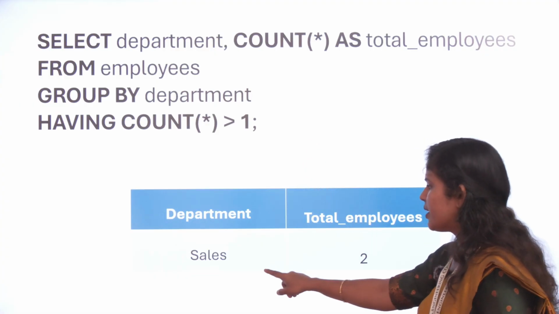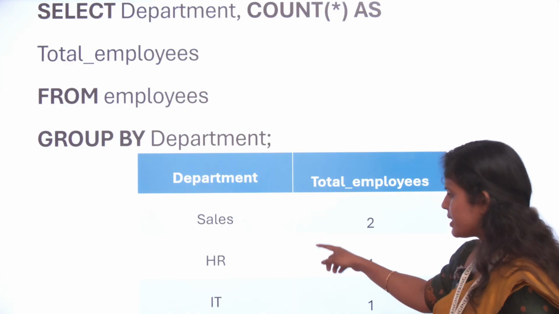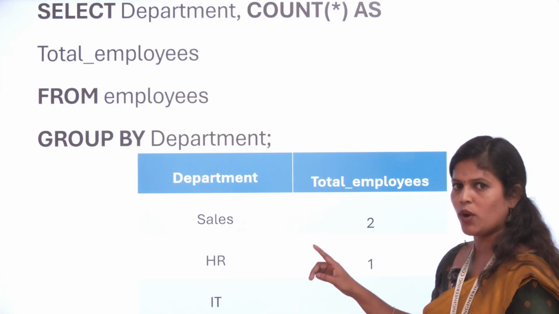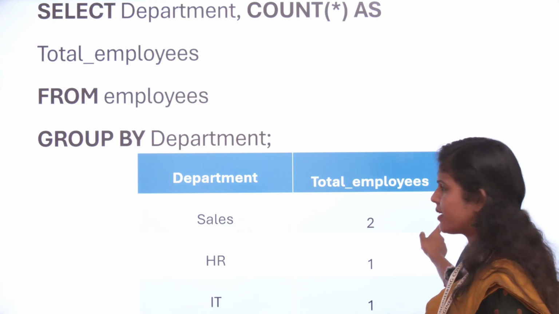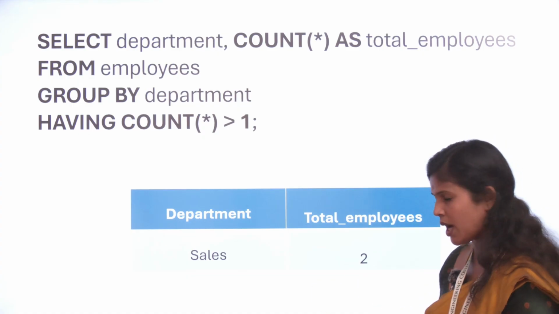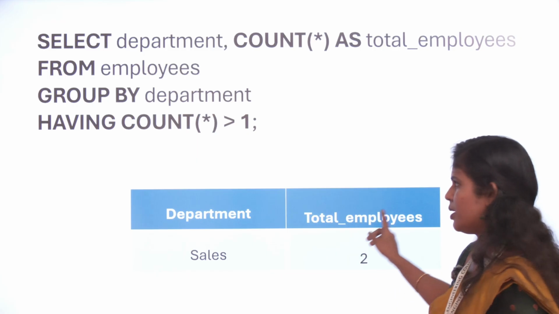That means it returned only sales with 2, because HR and IT returned only 1 employee each, but what they have asked for is the departments with a count greater than 1, so it returned the sales department.